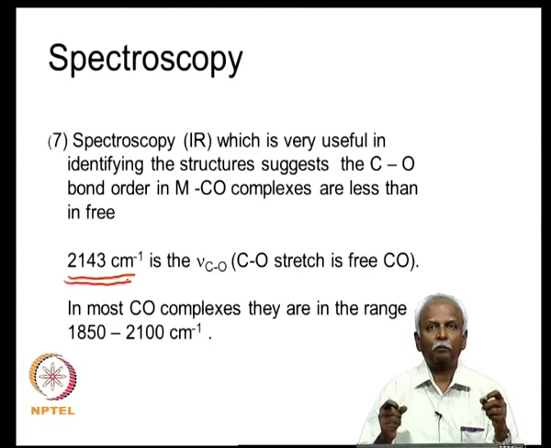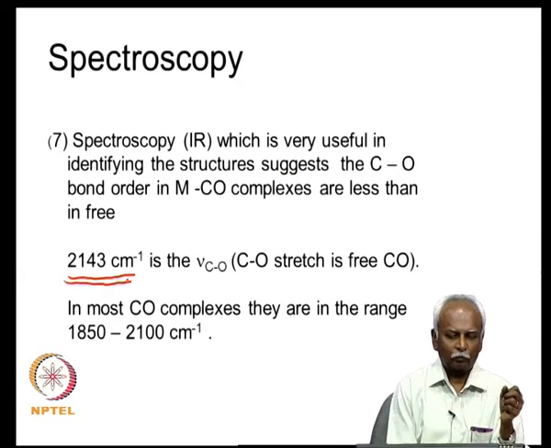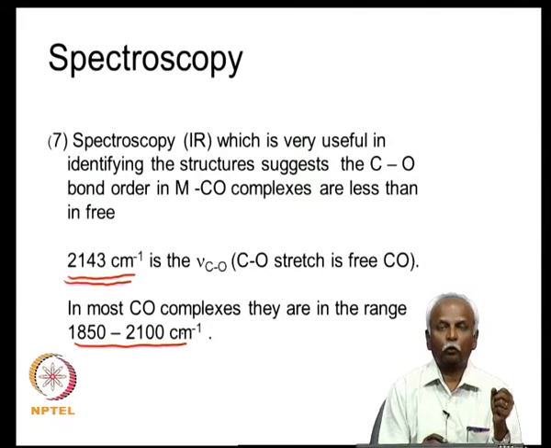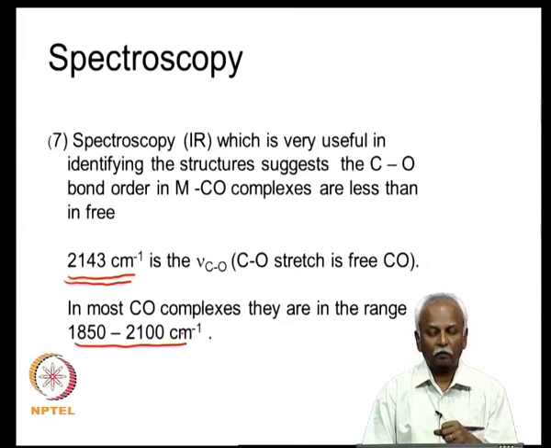But when it is complexed to the metal, it becomes easier to stretch this carbon oxygen bond. So, the carbon oxygen stretching frequency drops down by 100 to almost 200 cm^-1 when it is complexed to the metal. This is another interesting phenomenon that we have to notice and explain when we look at the electronic structure.